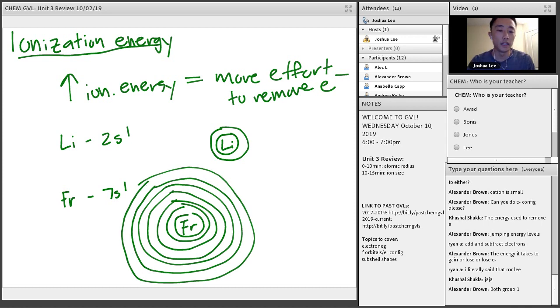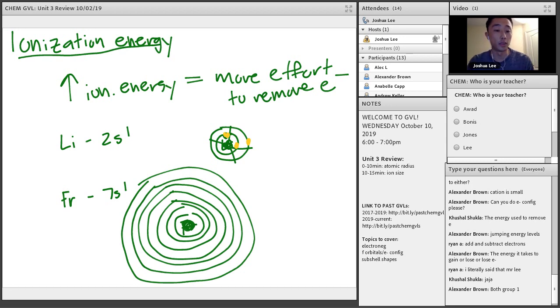Now imagine all the protons in francium and all the protons in lithium need to control all the electrons on the outside. For lithium, there's 2 electrons in the 1s. I'll use a different color. So here's 1, 2, and there's 1 electron in the 2 energy level.